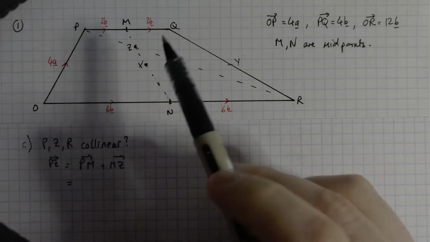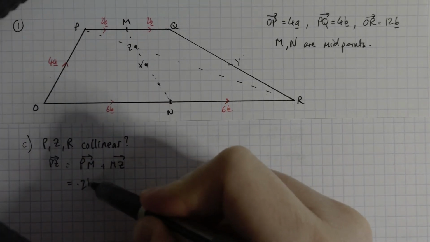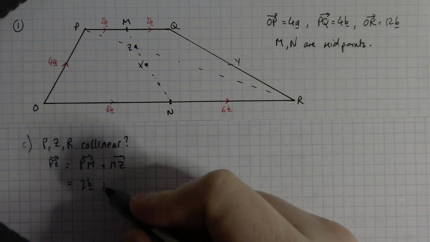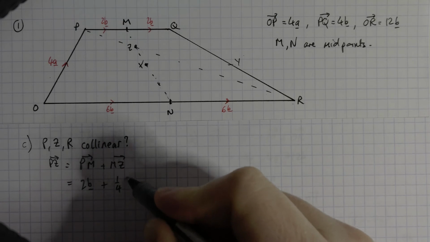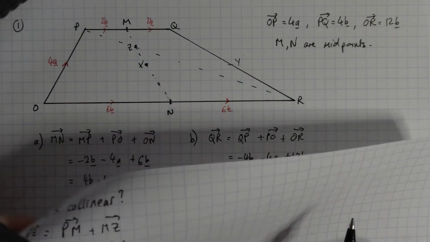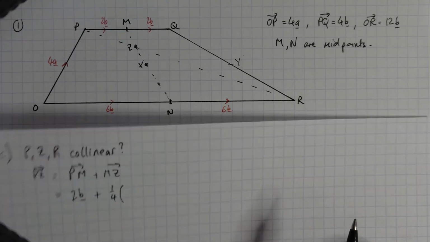P to M I know as being 2B. And M to Z is only a quarter of the MN, which we worked out at the very beginning, which is just under here. And it was 4B minus 4A.